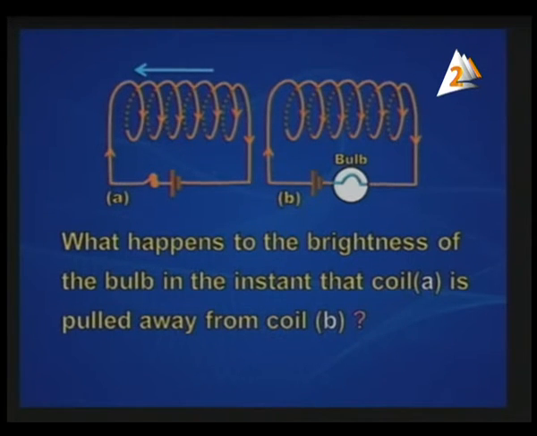So moving coil A away from circuit B will induce a current in B. If the direction of the induced current is the same as the original current flowing in the bulb, the intensity increases. Opposite, intensity decreases.